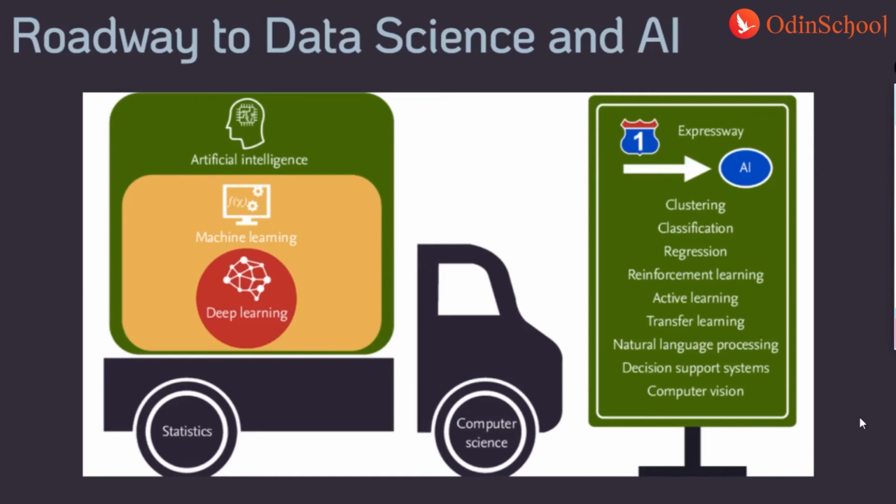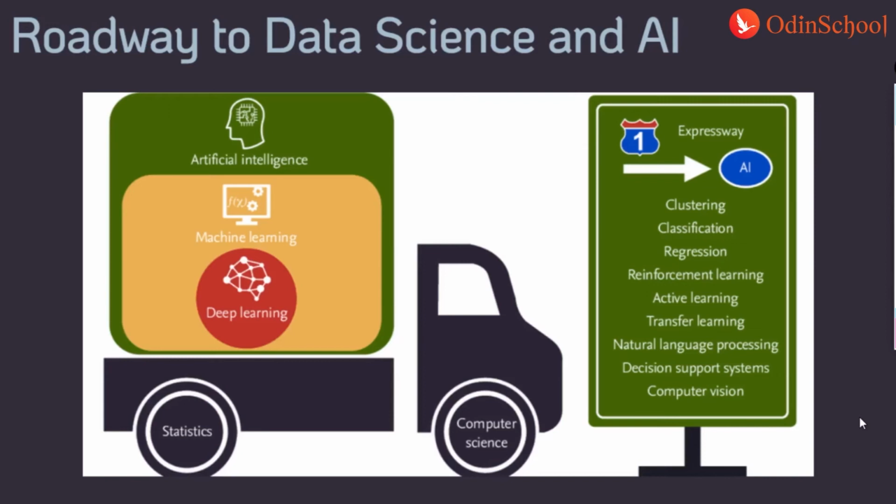There are different kinds of solutions which we can achieve using machine learning. The two major types of solution are prediction or regression problems, and classification problems. Apart from these two types of solution, we also have a clustering system, and we have natural language processing as well.